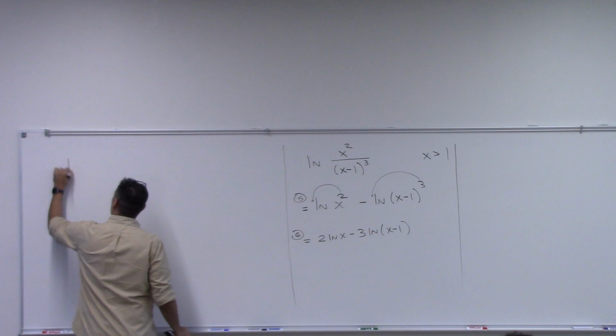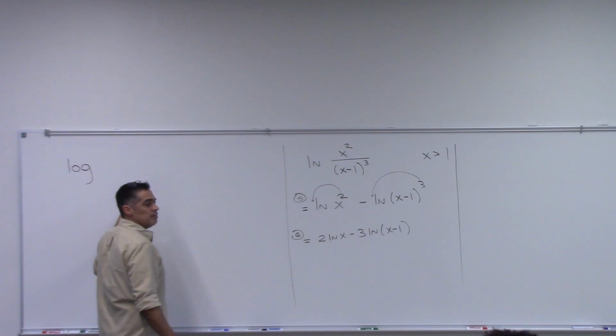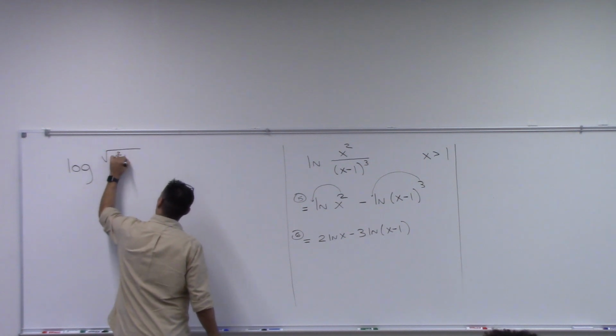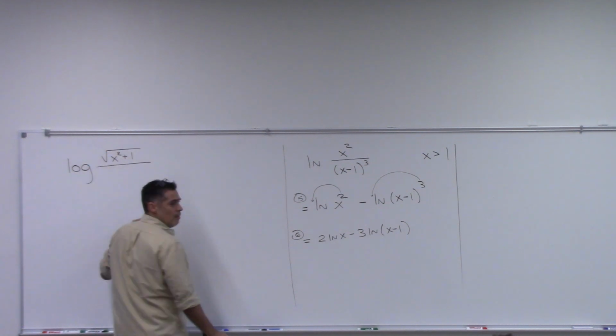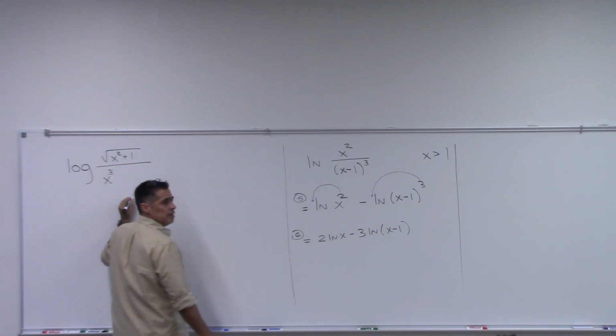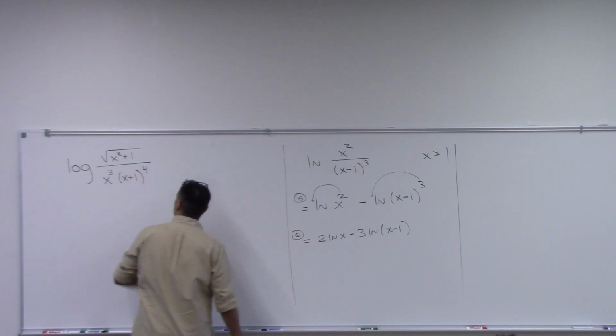So log base a, I'm gonna change the problem a little bit. I'm just gonna put log, and then we're gonna have the square root of x squared plus 1 over x cubed, ooh, this is a good one, and then x plus 1 to the 4th. There we go.